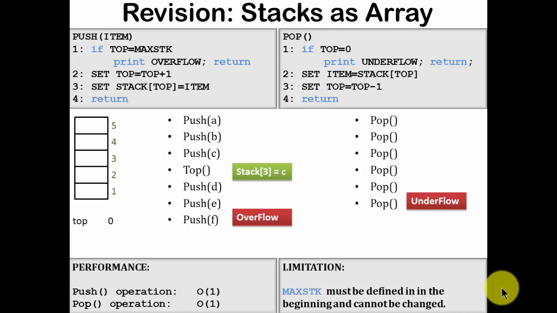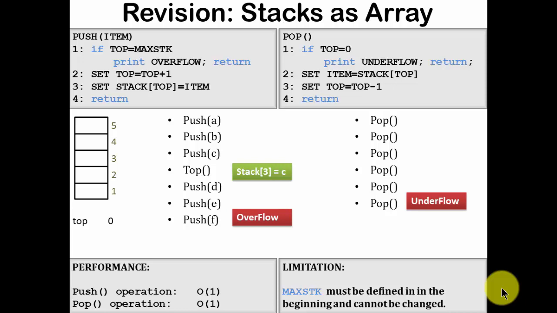If you are taking a very small stack size, then it is quite probable that you will frequently run into overflow conditions. Managing overflow will require initialization of an array of twice the size of the existing array and then copying of elements. And I told you that this is an expensive operation. Therefore, we don't want our programs to overflow frequently.